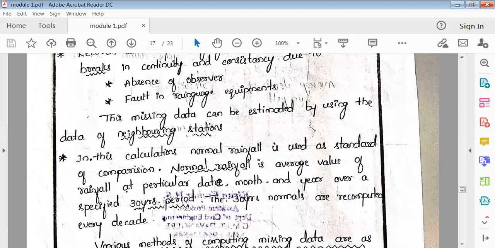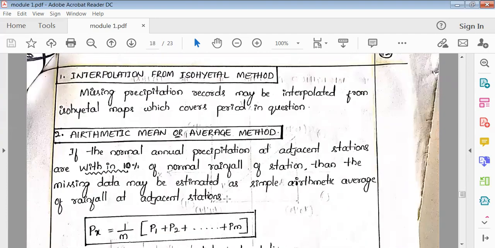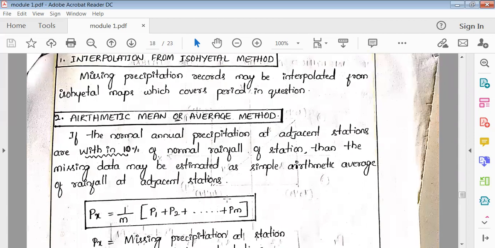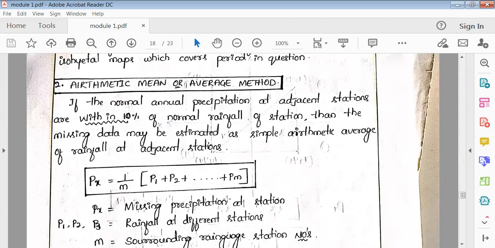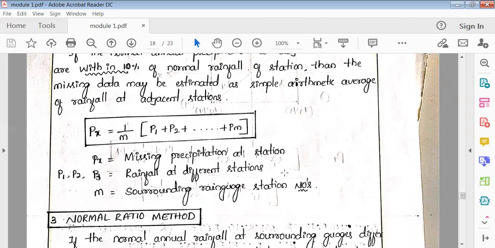The next one is the arithmetic mean or average method. In this, if the normal annual precipitation of the adjacent stations, that is the neighboring stations, is within 10% of the normal rainfall of the given station, then the missing data may be estimated as the simple arithmetic average of rainfall at the adjacent stations.